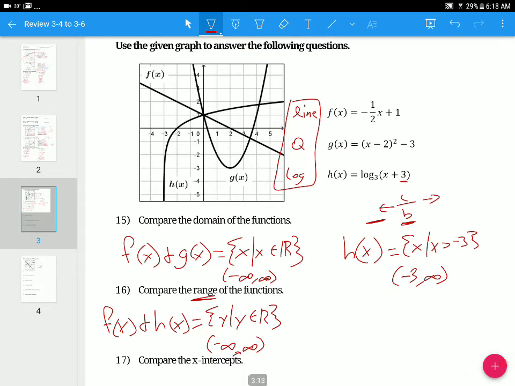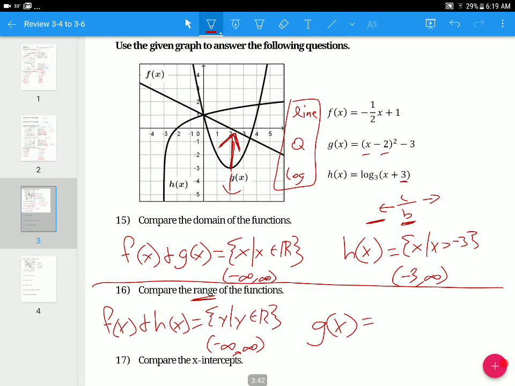Your g of x, we'll draw a line right here so that we can differentiate between the two. Again, you go to the chart, and it's either up or down, positive infinity or negative infinity. You notice it's going up. Up is the positive infinity side, up is the greater than side.